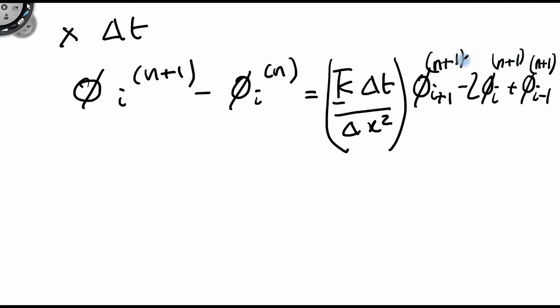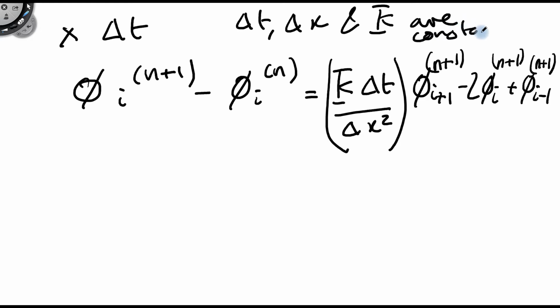All these are typeset really nicely in the lecture notes. I'm almost running out of space at the right hand side here, but you can see clearly what's going on. The reason I've done that is delta t, delta x, and k are constants for this problem.